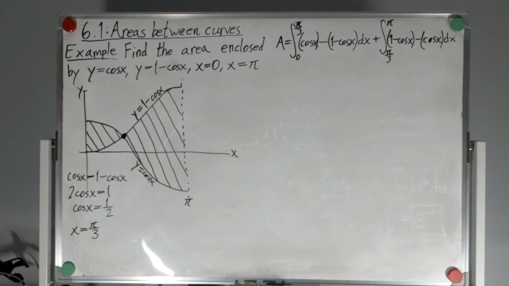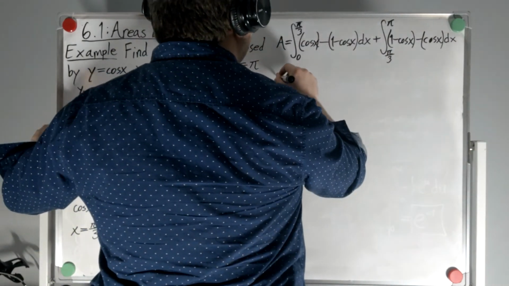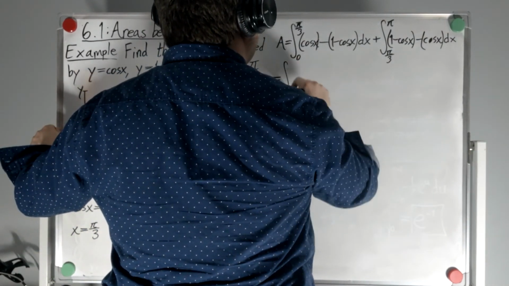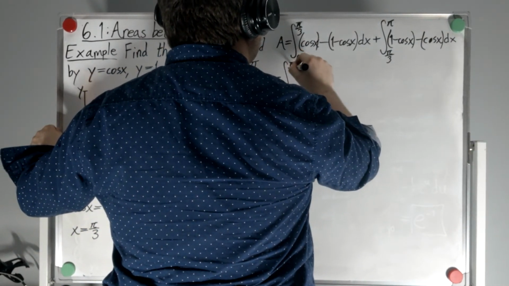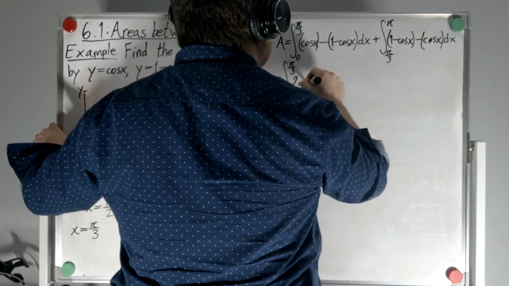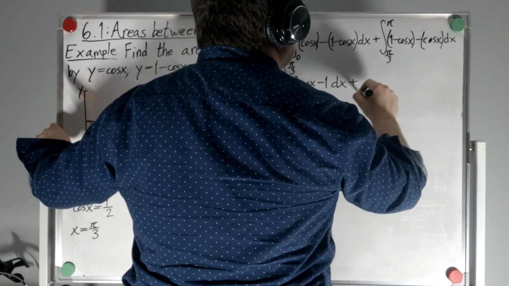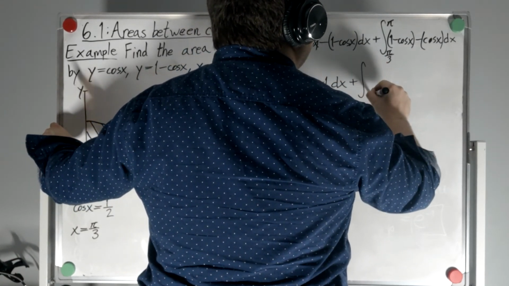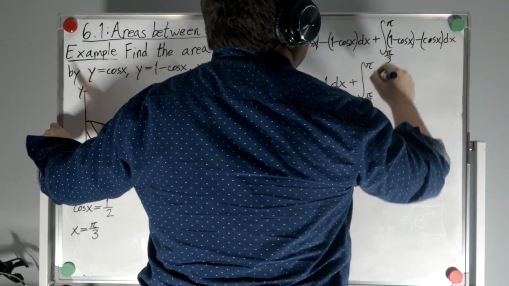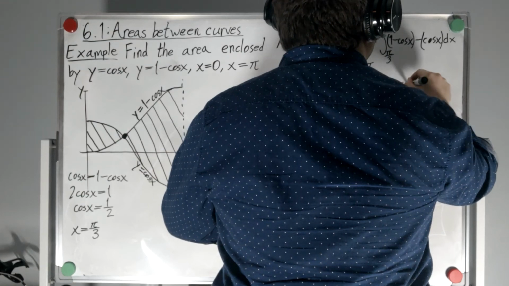So, this becomes integral from 0 to pi over 3 of, let's see here, 2 cosine x minus 1. Then add to this integral from pi over 3 to pi of 1 minus 2 cosine x.